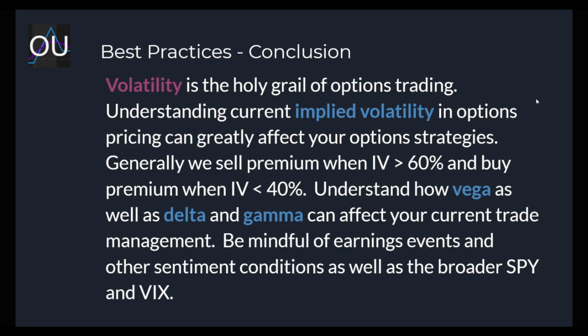So you want to watch Vega on your current trades, but you also want to use that implied volatility to your advantage for placing new trades. And again, we look to sell that premium when IV rank is greater than 60%, because that's where we tend to see the biggest risk to reward and biggest payouts, and you're maximizing the payout for the same risk.